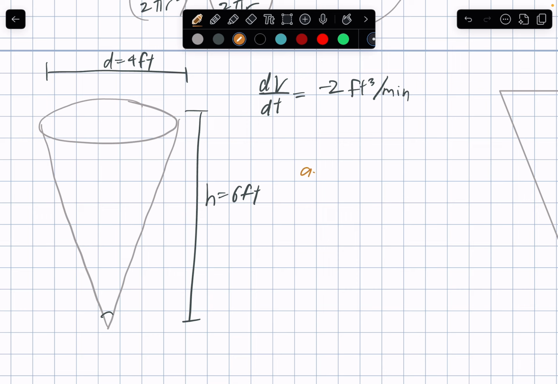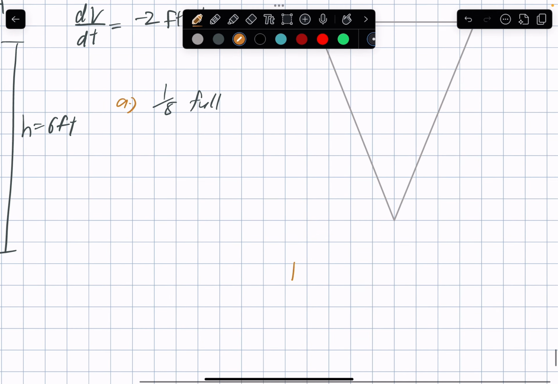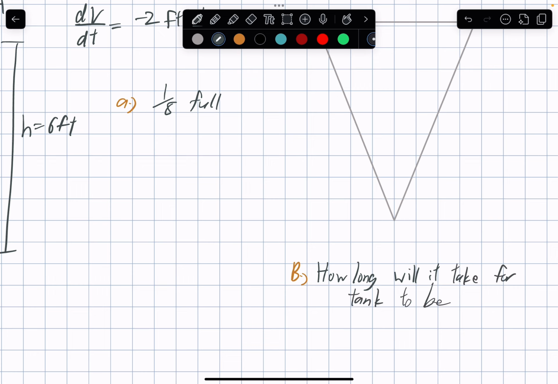So the question is, for the first, how fast is the water level changing when the reservoir is 1/8 full? And the second question is, how long will it take for the tank to be empty?